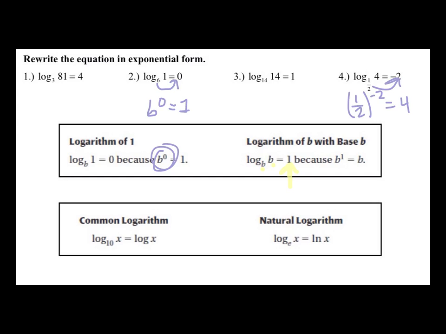Now, the common log, guys, we use place values of 10. That's what we do. We don't use place values of 3s or 4s. We go 10s, 100s, thousands, 10,000s, and so forth.